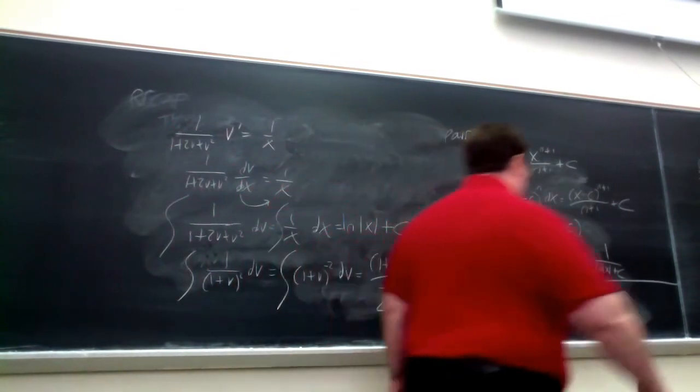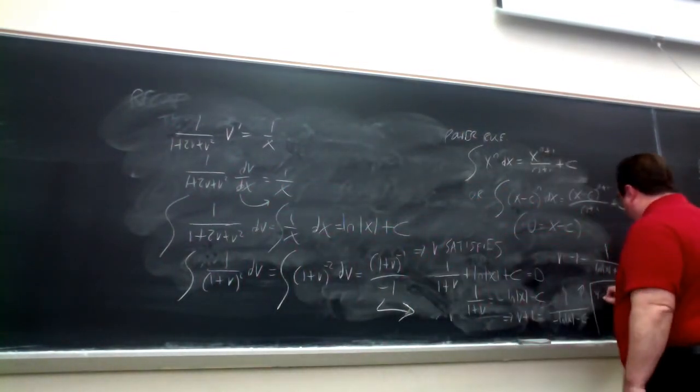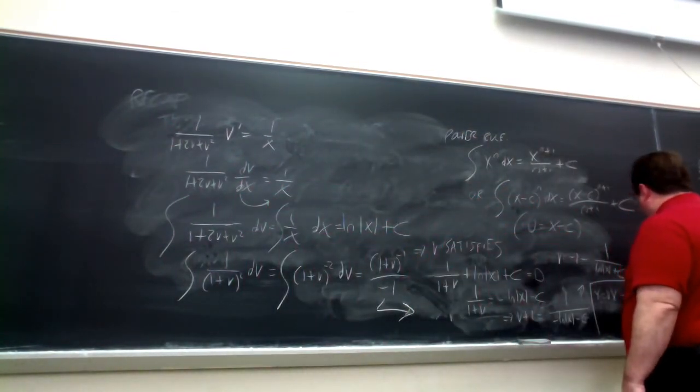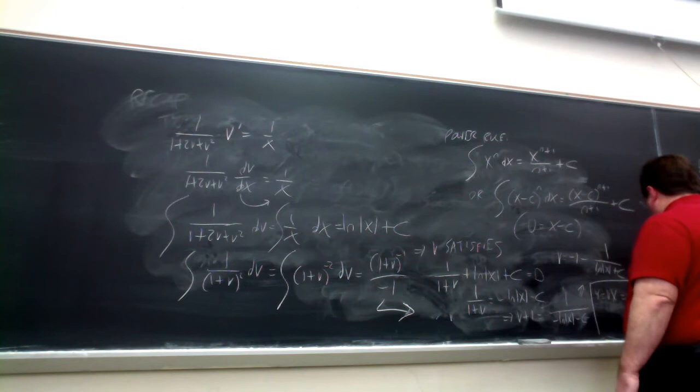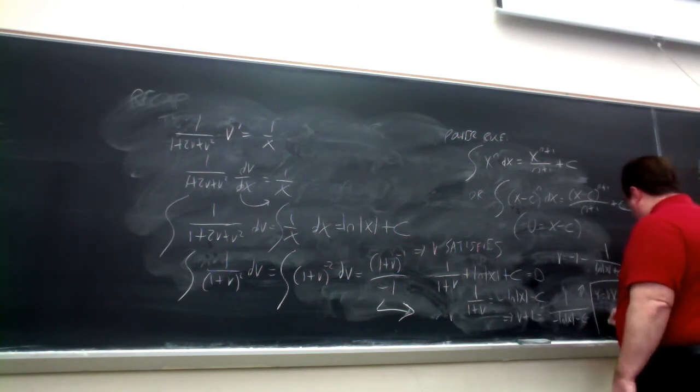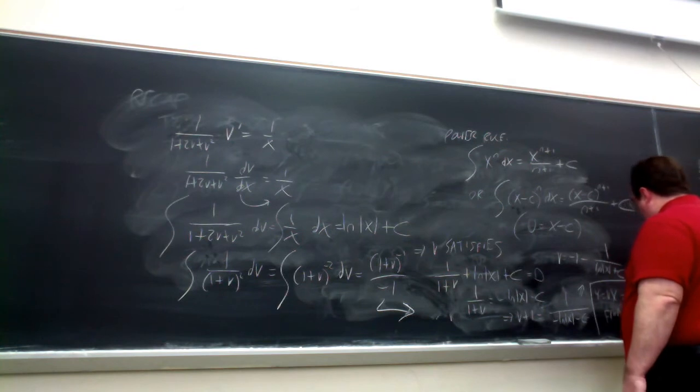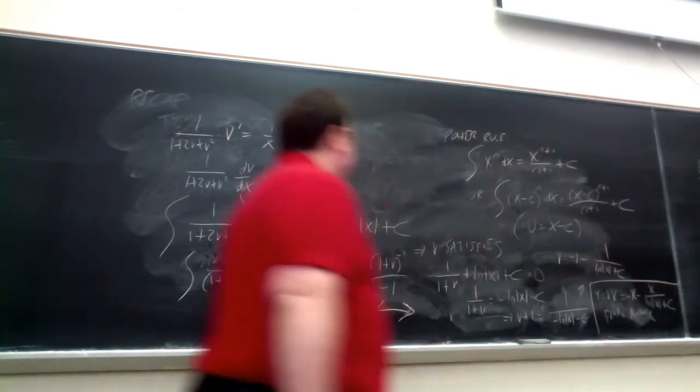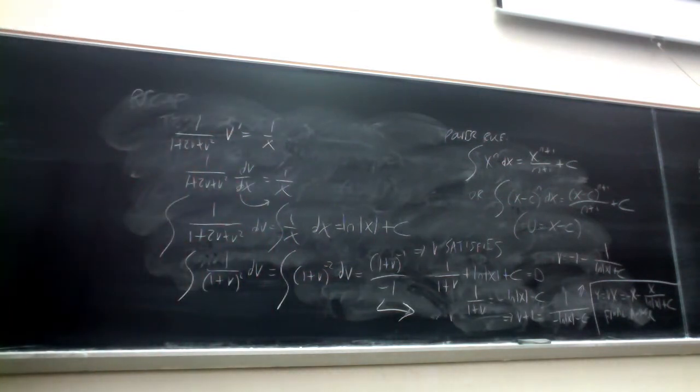I'll box the final answer. Y, which is equal to vx, is equal to minus x minus x over natural log of x plus c. Okay. Any questions on the process? Admittedly, it's kind of a pain.